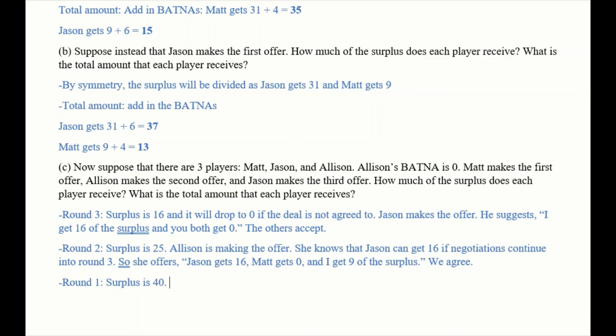We know in round 1, the surplus will start out at being 40. I get to make the offer. It says Matt makes the first offer over here.